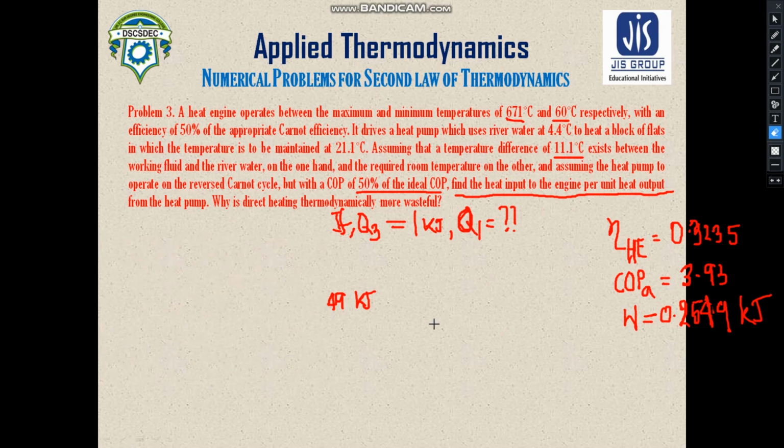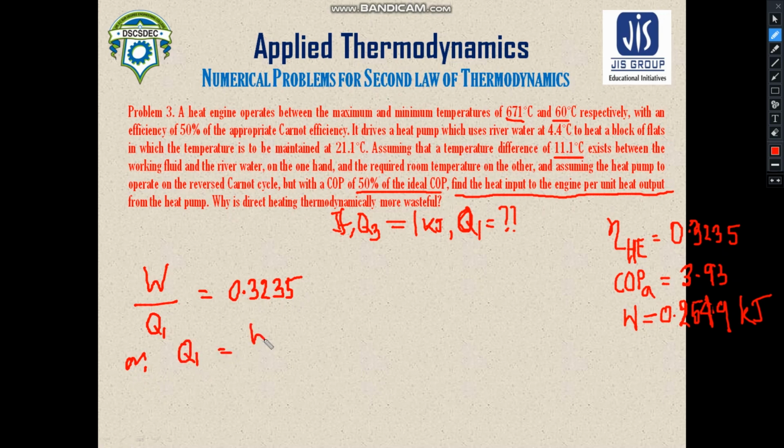Now we know this efficiency. It is very simple. W by Q1 is your efficiency. So you have found out the value of W. You know the efficiency, which is 0.3235. Now you need to find this Q1.